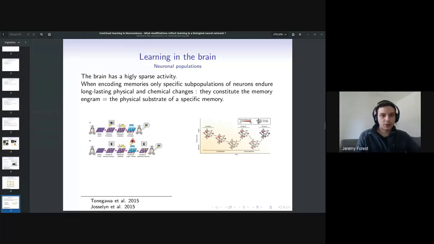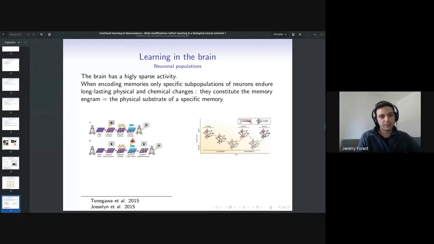You can then use light to just activate those neurons without the context it was in, and the mouse is going to react in the same way it did in the context. And so we have a tool to dissect the ensembles of cells which are activated by a specific memory.